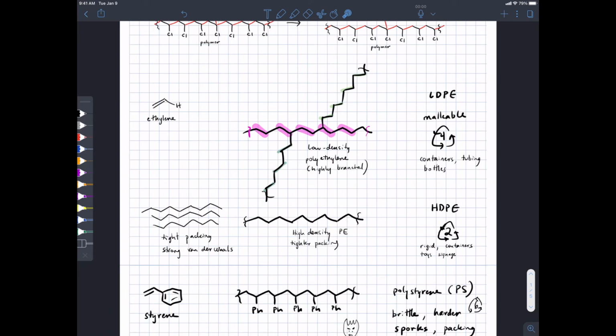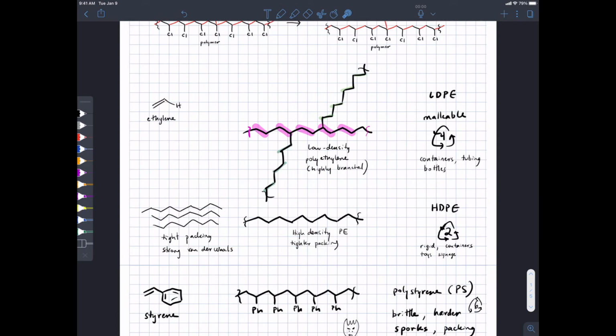The reason the high-density polyethylene is stronger than the low-density is because the extended chain allows individual polyethylene chains to pack against each other more tightly. It's exactly the same principle we discussed last week about why saturated fats are solid at room temperature, whereas unsaturated fats are not, right?